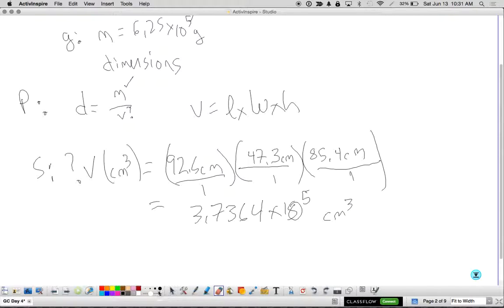Okay, let me just clean this up a little bit. That's 10 to the 5th centimeters cubed, and then I can pull my density back down. I can solve for my density.